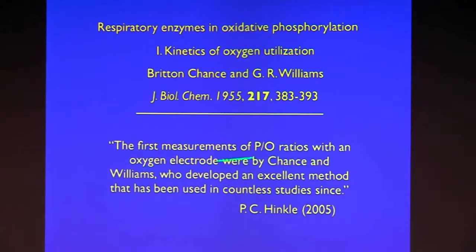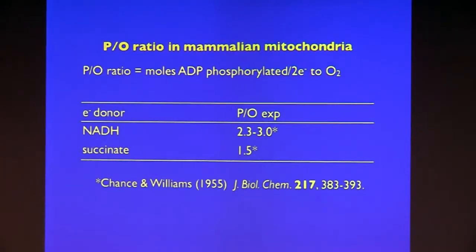I'll explain what it is in a moment. This ratio had been measured in the 1940s by Ochoa using other methods, but what Chance and Williams did was to make really the first accurate measurements of P to O ratios in mitochondria.